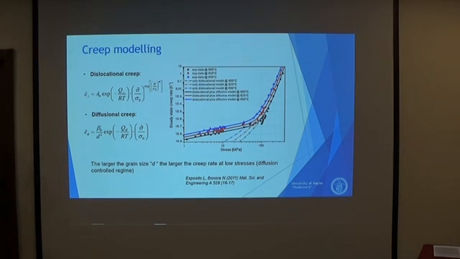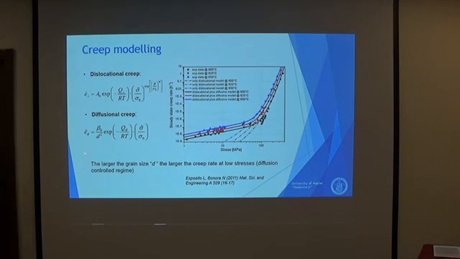Okay, in particular we have to describe just quickly the separate contributions to the minimum creep rate. The dislocational term is a general power form to account for non-linearities in a double log plot when we are in a purely dislocational creep regime.